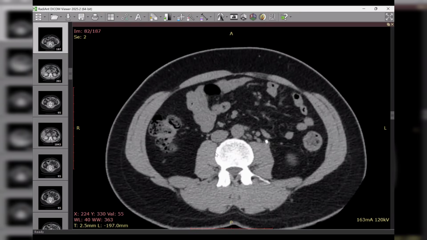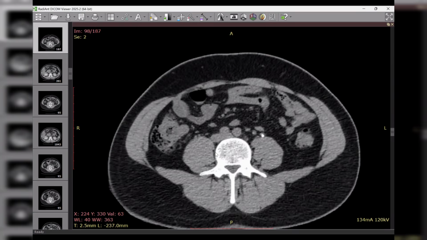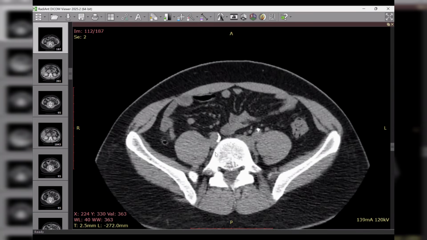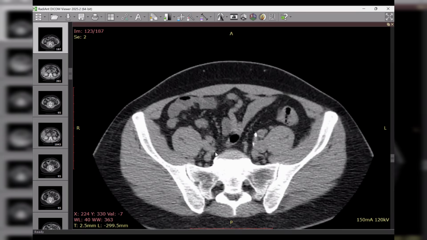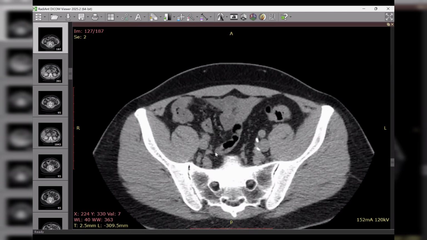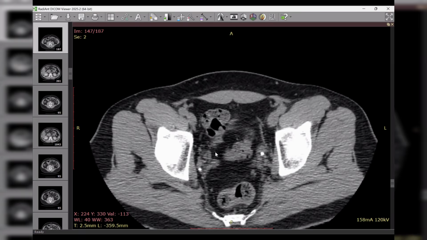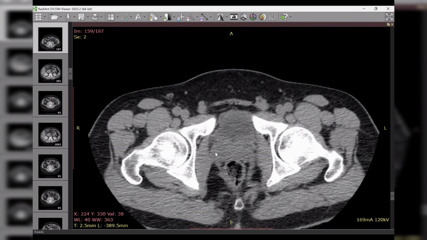It could be a stent, a PUJ stent. I can also see a calcification on the right side as well. On the left side, sometimes it appeared split, but maybe it's just curving.